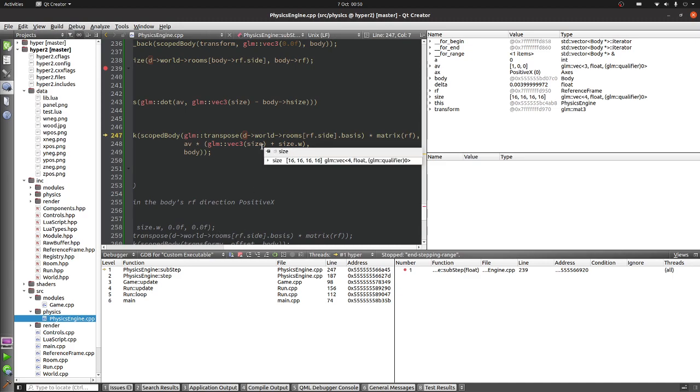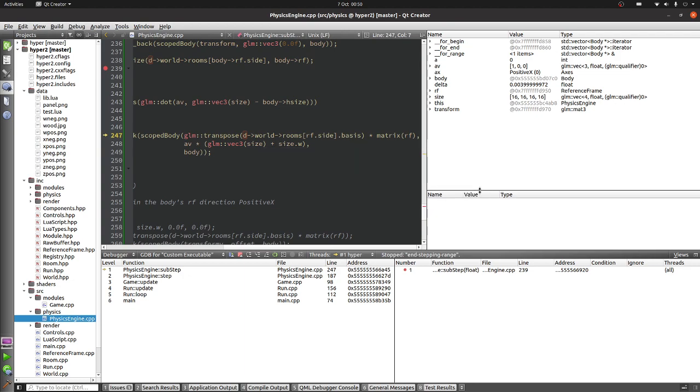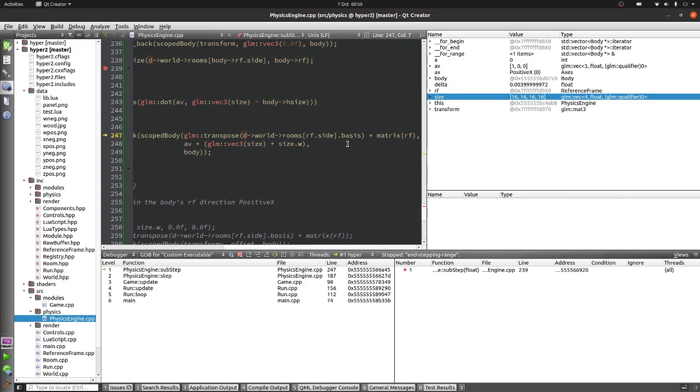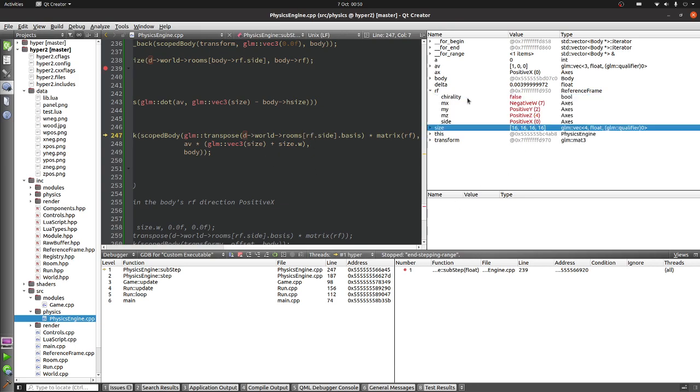I'm getting tired, but I will not give in, or will I? So it's calculated a different reference frame, which is the negative or positive X room, and that's fine.